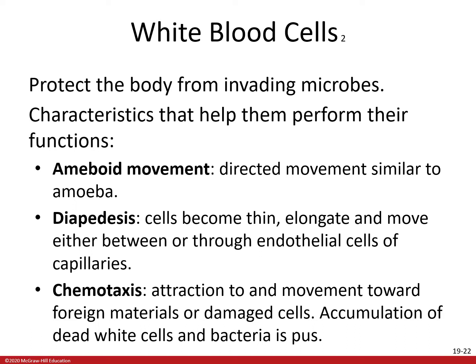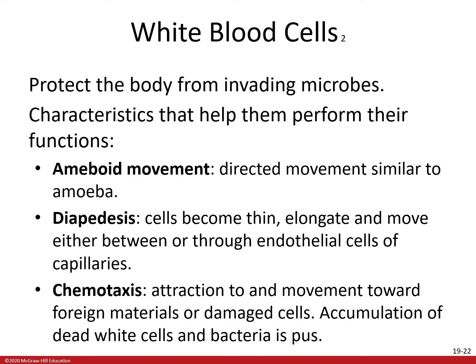So the first is amoeboid movement, and do keep in mind that amoeboid movement is going to be occurring mainly in the cardiovascular system, while diapedesis and chemotaxis are going to occur in surrounding tissues and not necessarily within the cardiovascular system exclusively. So starting with amoeboid movement, this is going to be directed movement.